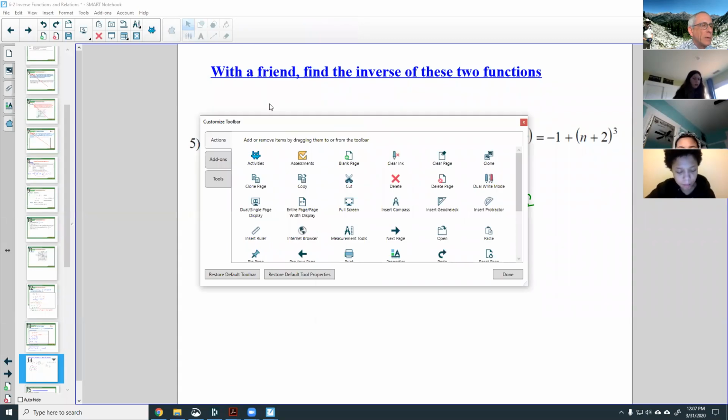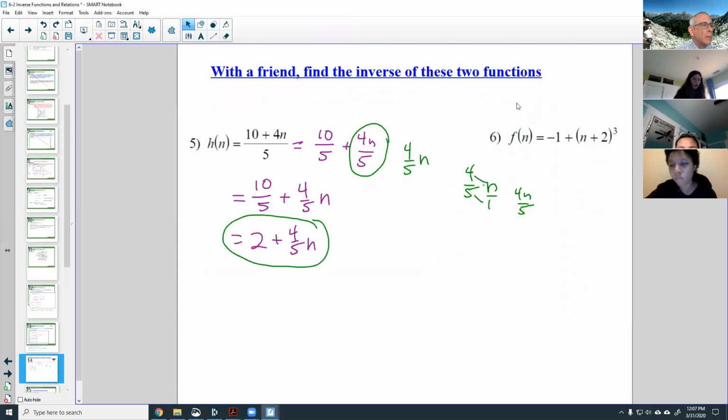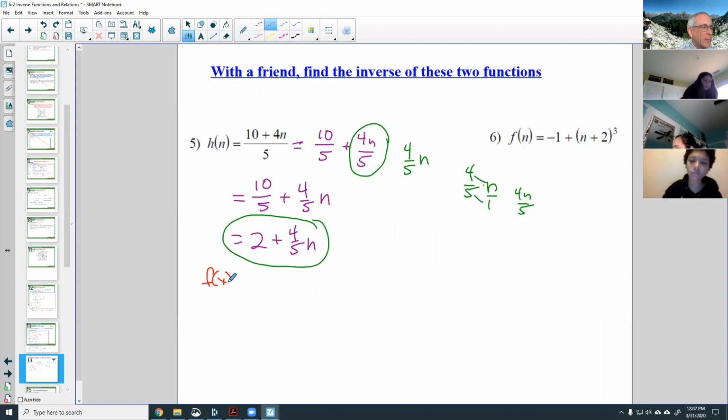So let's say this is f of x is equal to 2 plus 4/5 x. Are you comfortable with my changing it to x's? That's fine. Okay, good.